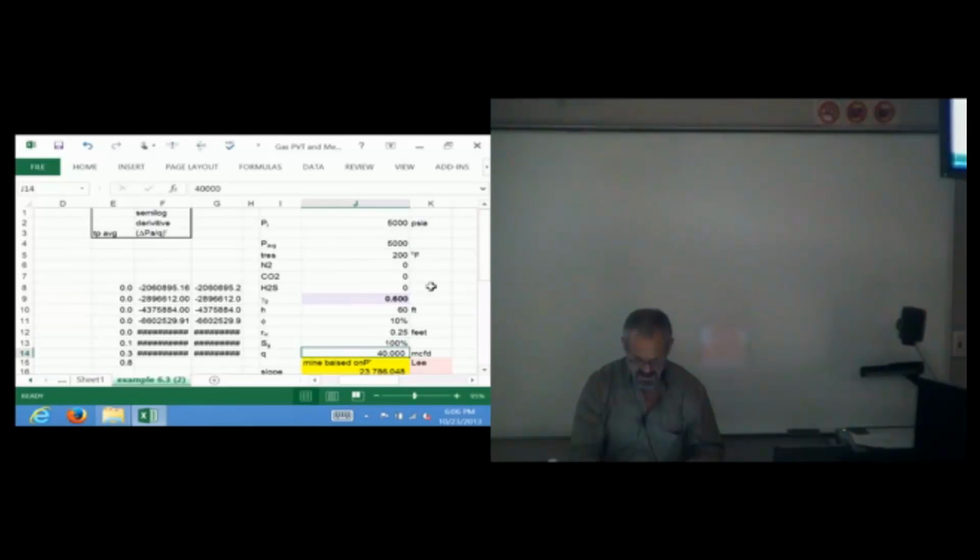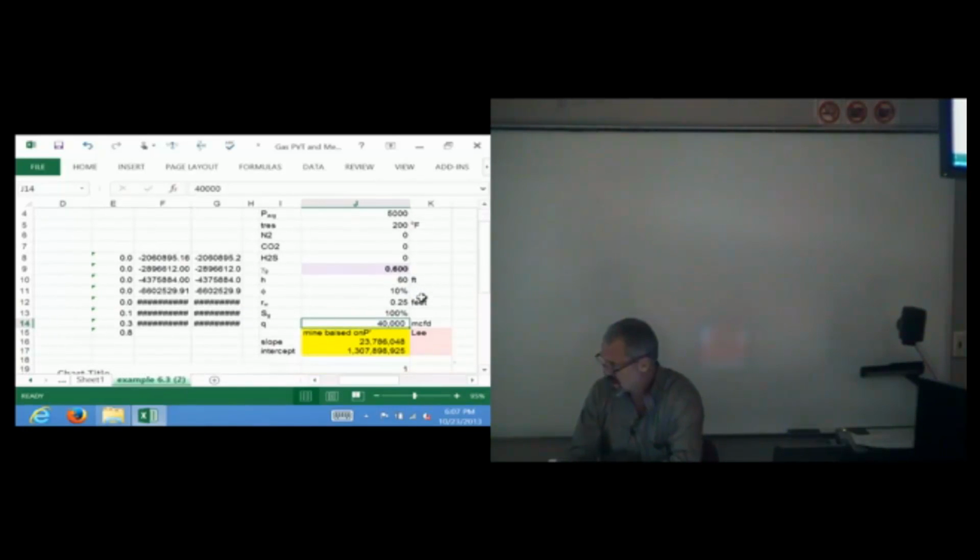I don't think it's given in the text. Yes, you have to have it. I have it on my template. I can explain that later if I'm really bored why I'm using 100%. Okay, and what's my gas rate? 3,000. Okay.